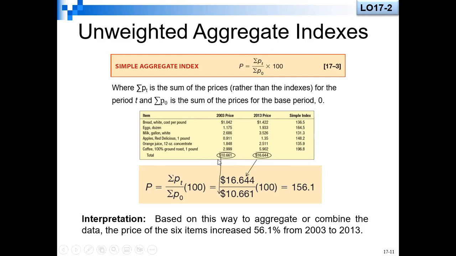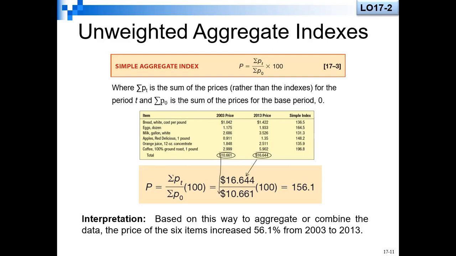And you can go on and on, if you have this basket of goods: a dozen eggs, a gallon of milk, 1 pound of apples, 12 ounces of orange, and 1 pound of coffee. These are the prices that you bought them at in 2003, and you simply add them up. This is unweighted.